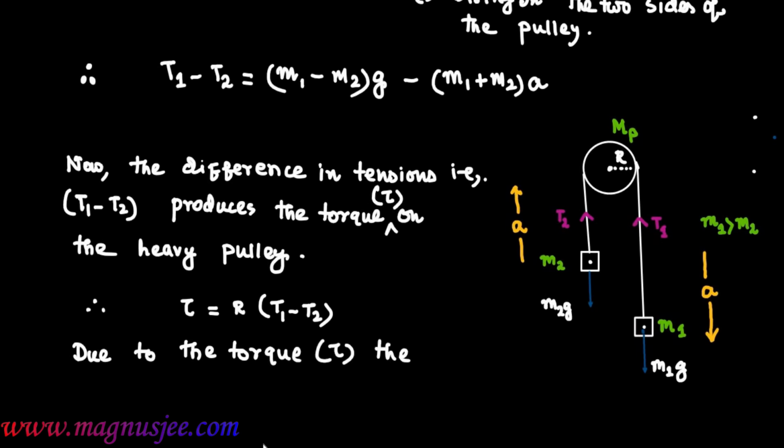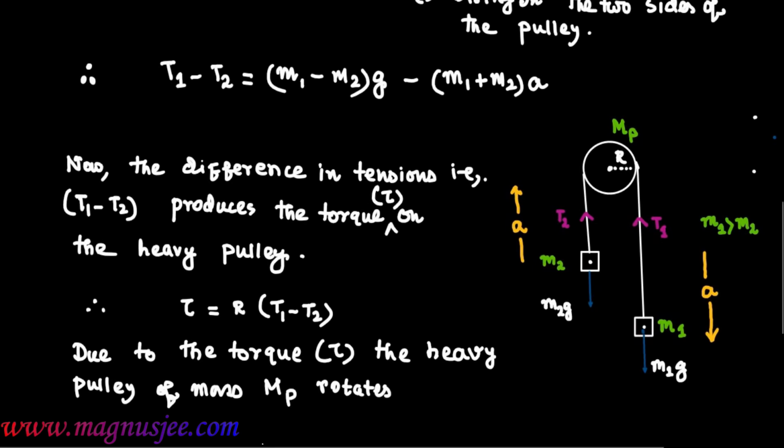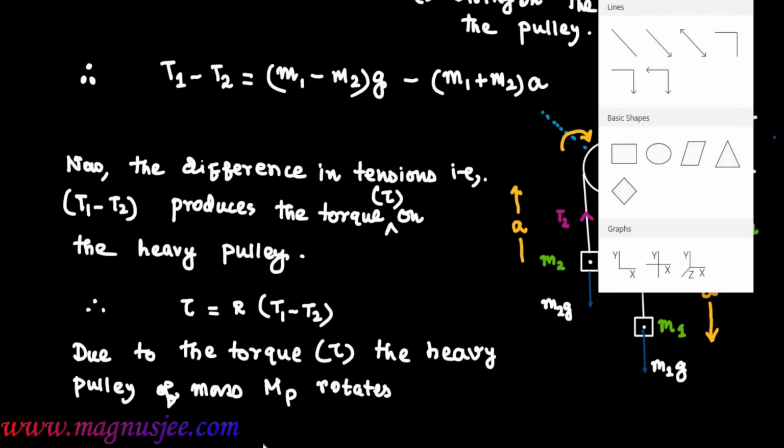Due to torque tau, the heavy pulley of mass Mp rotates. Here we can draw the axis of the pulley, and the pulley rotates clockwise.